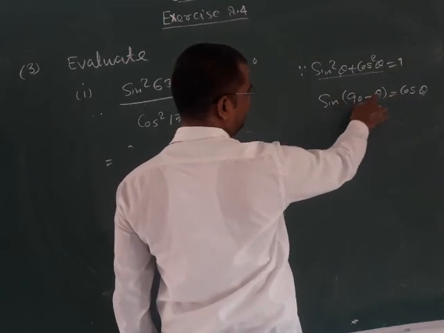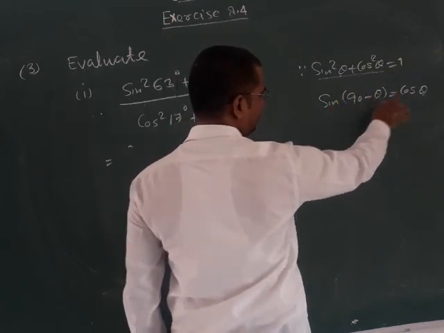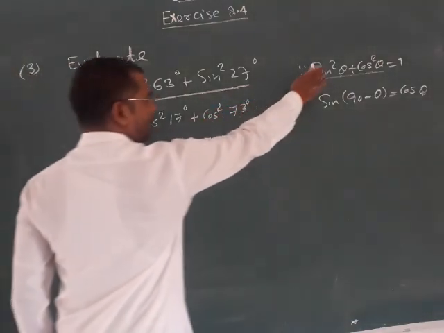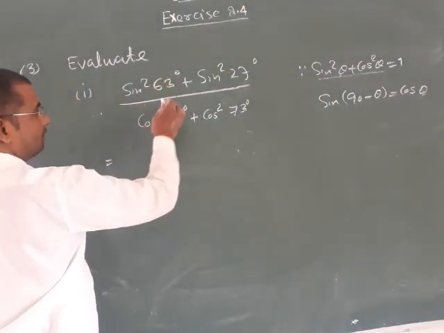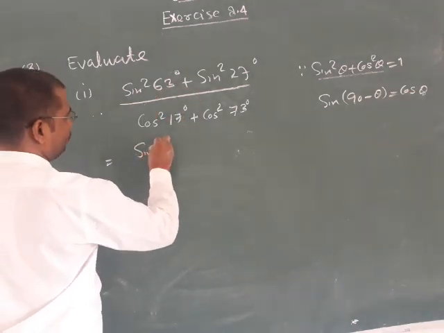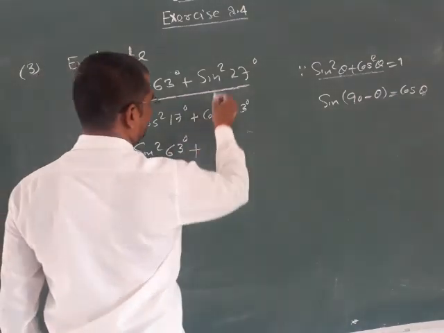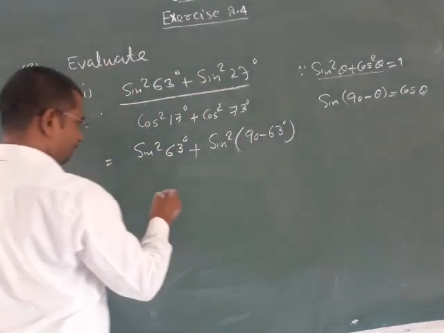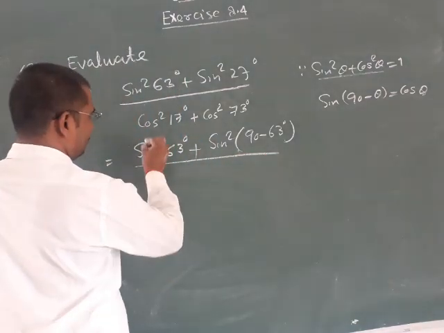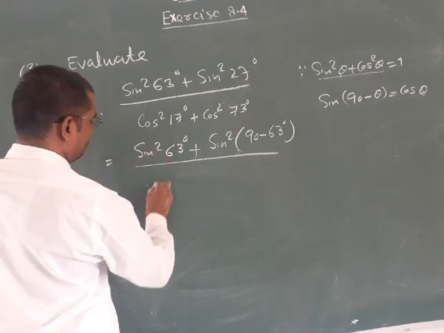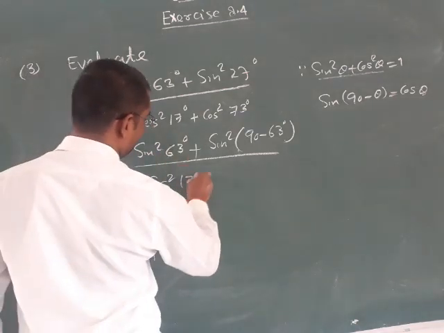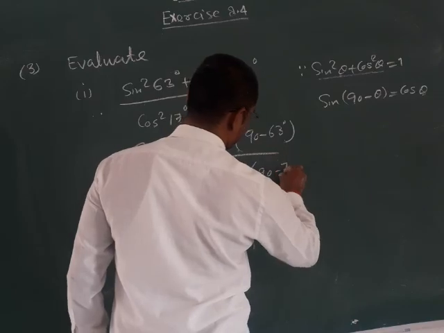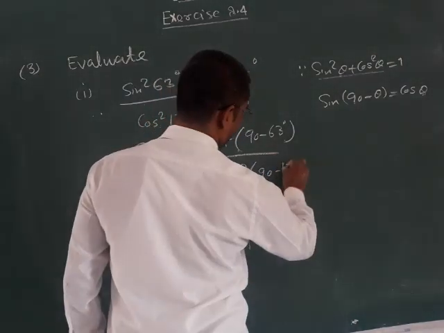So using this identity, you can change it into another form: sin square 63 degree plus sin square 90 minus 63 upon cos square 70 degree plus cos square 90 minus 17 degree.